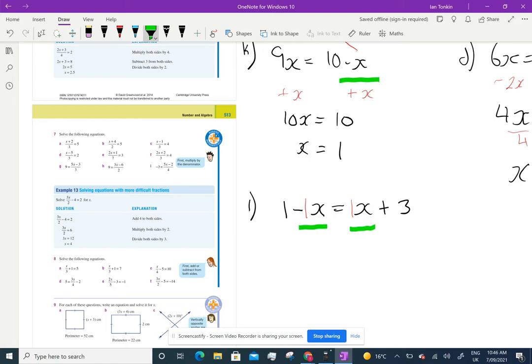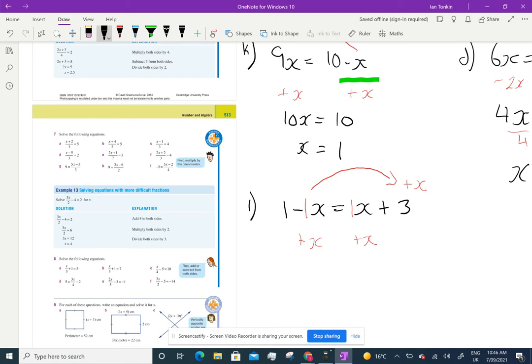So you need to move this one or get rid of it. Well, how do you do that? Well, remember the two ways. You can think, I'm just going to add x to both sides. Or if you're a person who likes to think, I'm going to move it, when I move it, I add x over to this side. It doesn't matter which way you're doing it, as long as you are consistent.